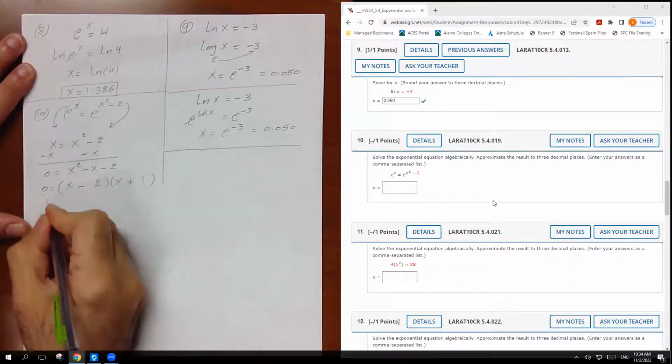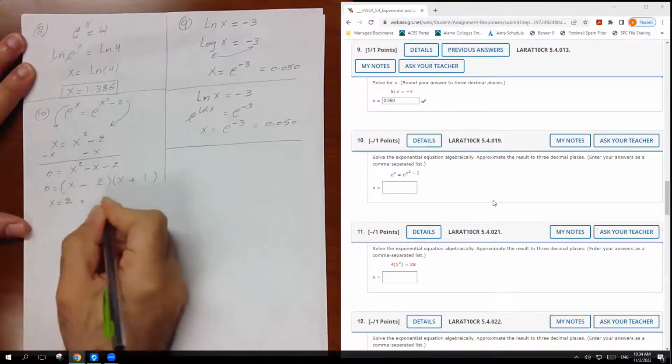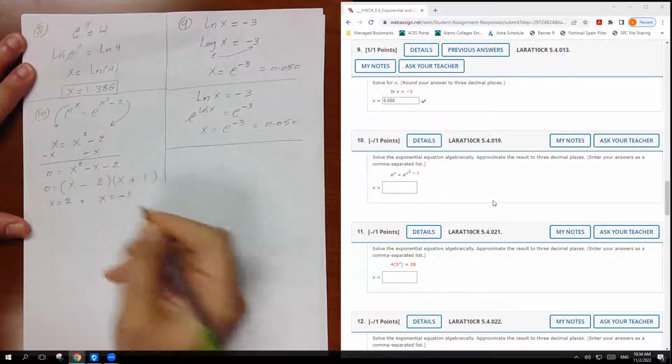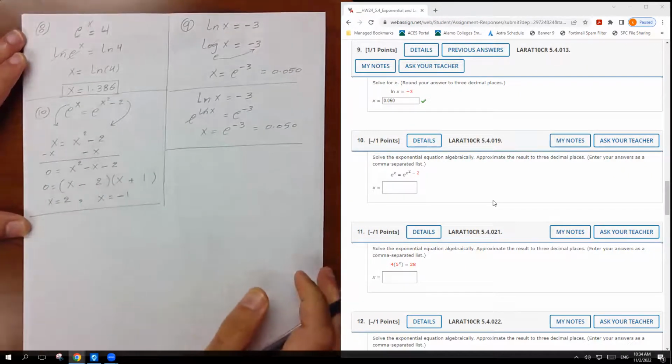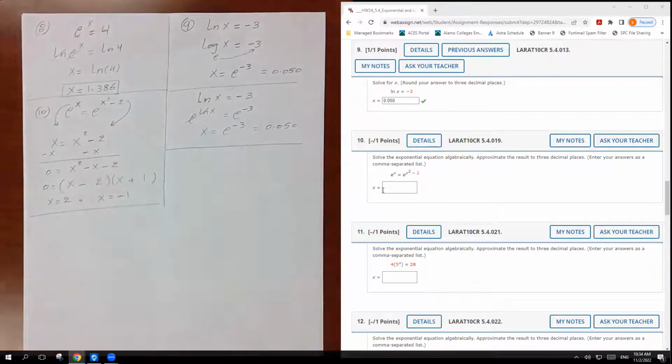That means x is going to be equal to 2, and x is going to be equal to negative 1. That's it for this example. We're going to type 2, comma, negative 1.